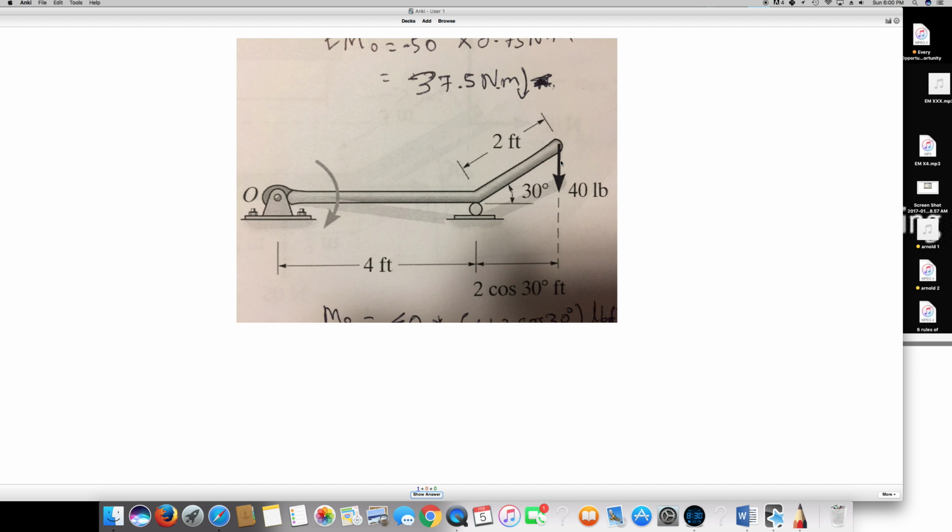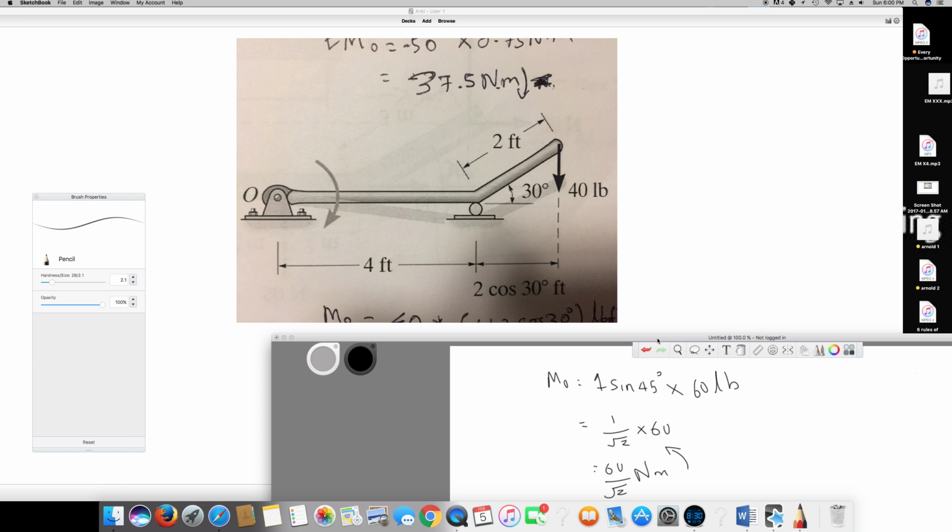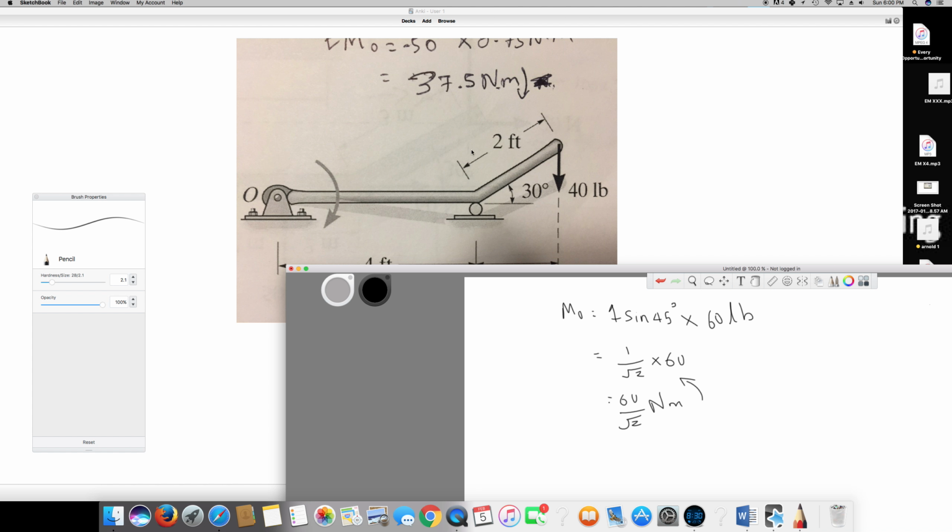For this kind of thing, it has a vertical moment and a horizontal moment, because it can act both ways, right? So let's calculate the vertical one first. So the vertical Mo is going to be this one alone, 2 feet sine 30.